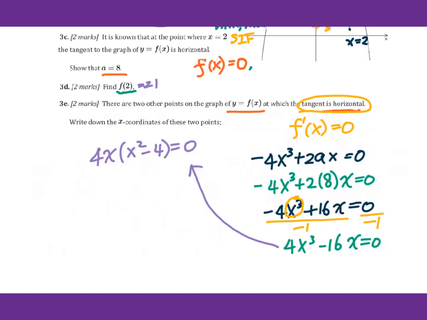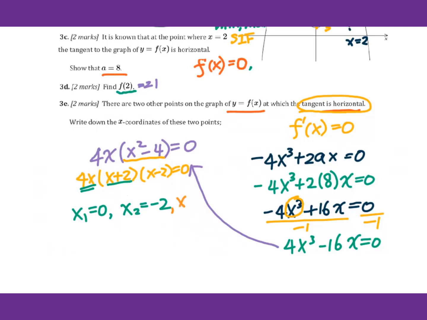Keep factoring because this is a difference of squares. So we get 4x times x plus 2 times x minus 2 equals 0. Therefore, we set each factor equal to 0. 4x equals 0, so x1 equals 0. For x plus 2 equals 0, x2 equals negative 2.